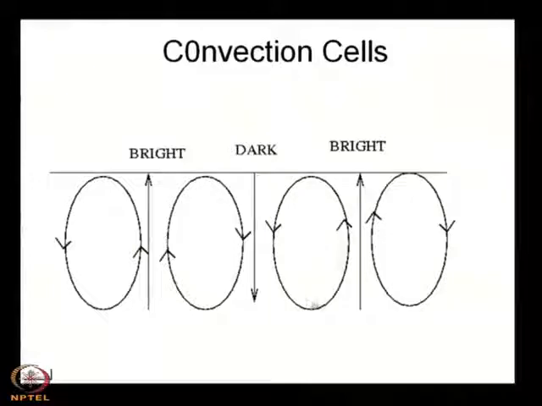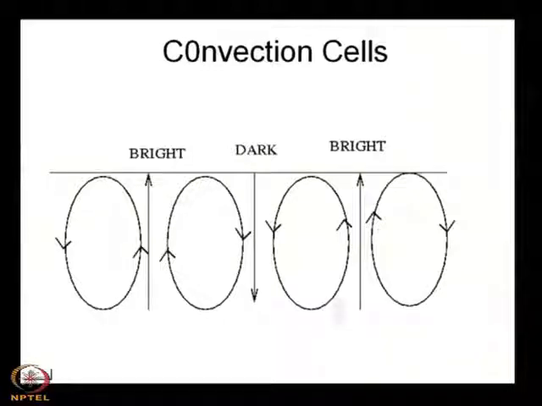So, you have this kind of cyclic motion for these bubbles, and you expect to have structures that look like this. These are convection cells.